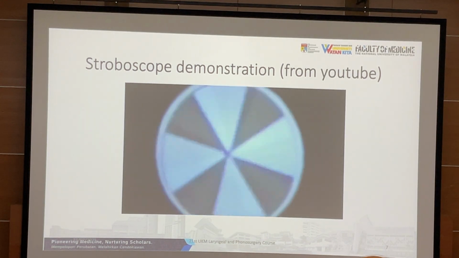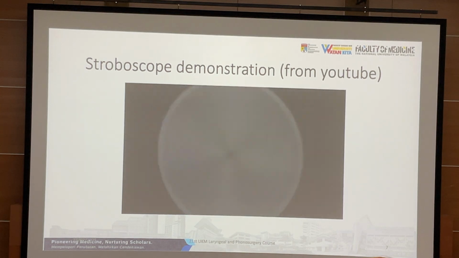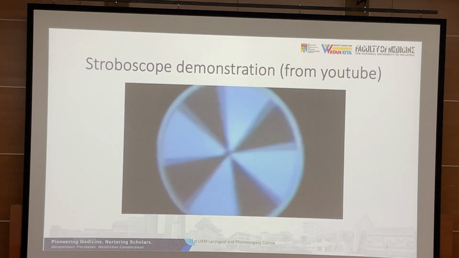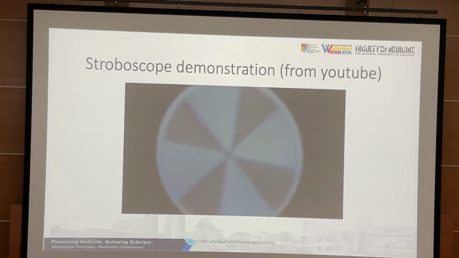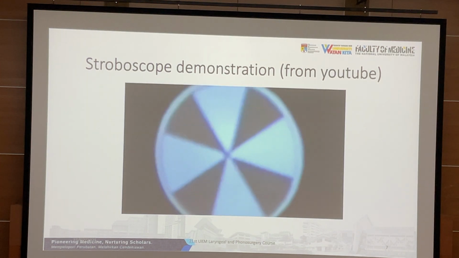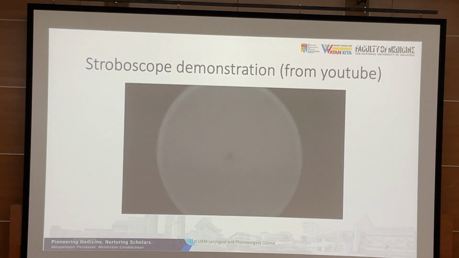But then now there are flashes of light onto the moving thing. And whenever the frequency of the flashes of light matches with a slight delay, then you start seeing the blade move in slow motion.